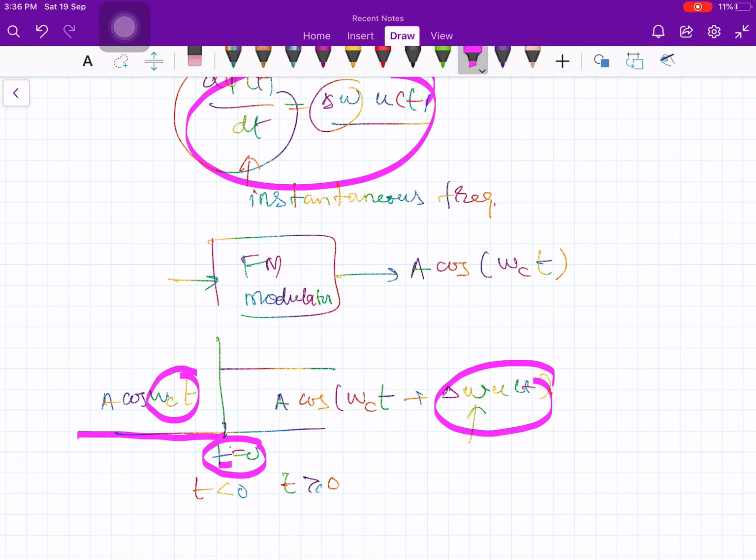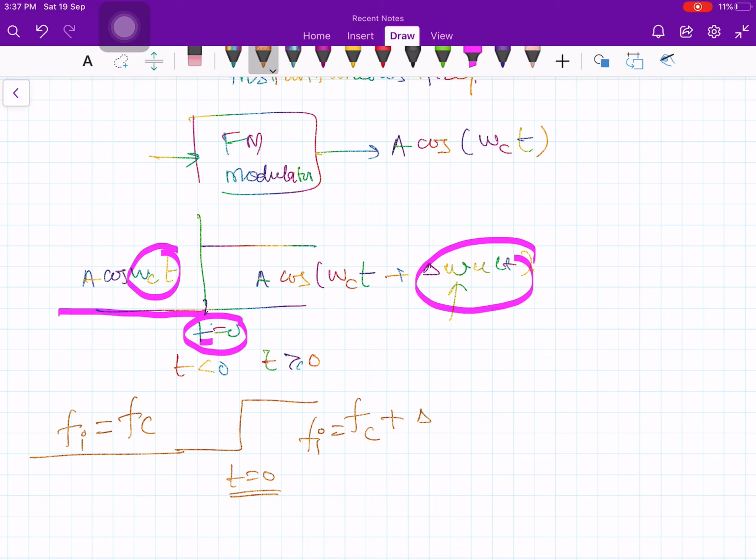Before applying the unit step, your carrier frequency was fc. The moment you apply the step change, your instantaneous frequency fi is equal to fc before t equals 0. Then after applying the unit step function, your fi becomes fc plus delta f. Initially the carrier frequency was fc, now it becomes fc plus delta f.